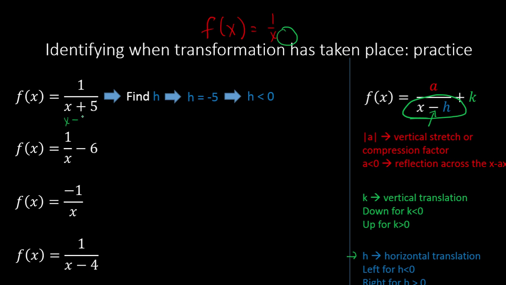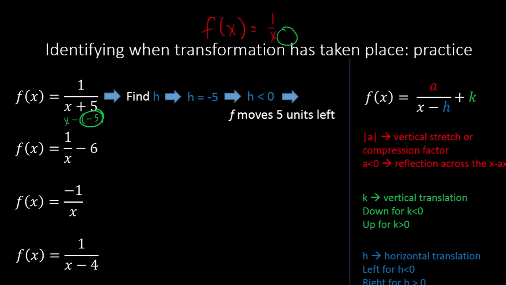This is really x minus negative 5. Now that matches the form of x minus h, and it's easy for me to see that h is equal to negative 5. Now I know that that is less than 0, which means that my function is going to move to the left 5 units. And again, I found all that just by consulting my key.